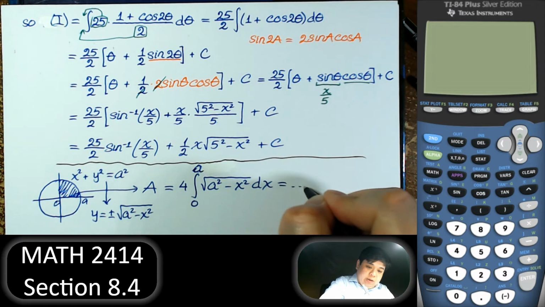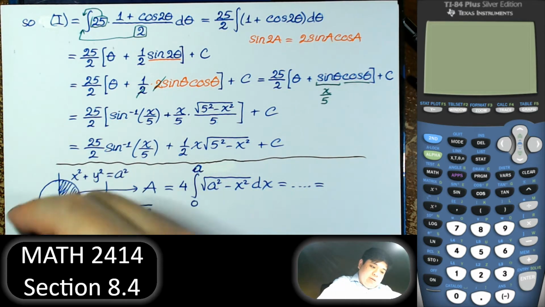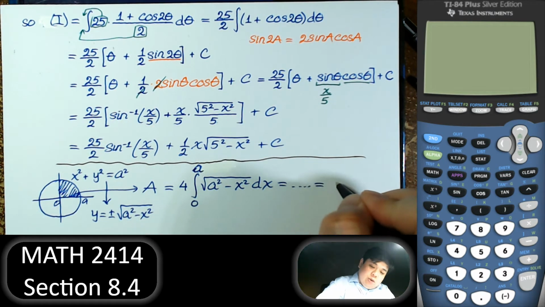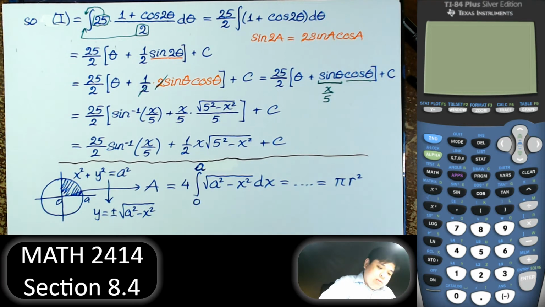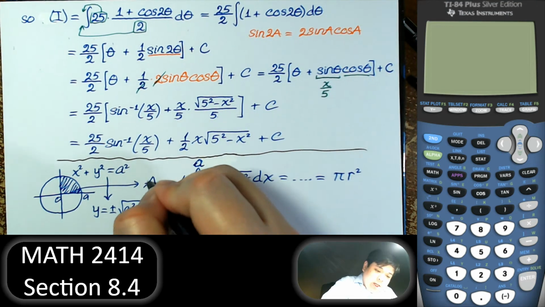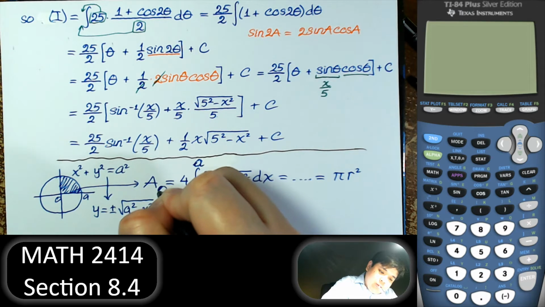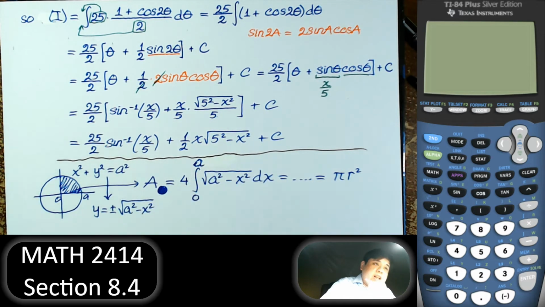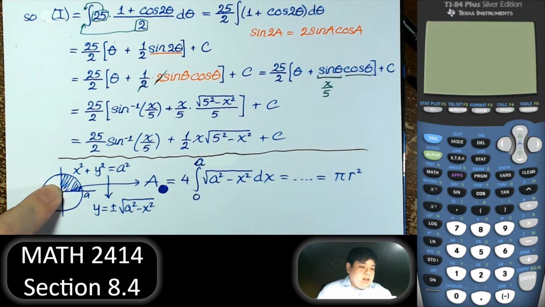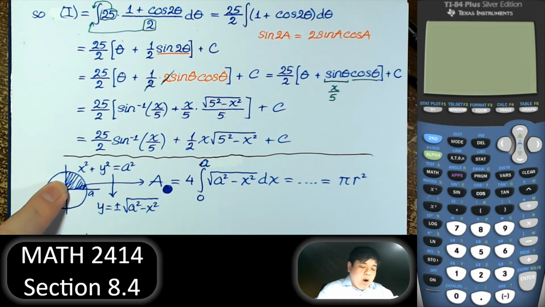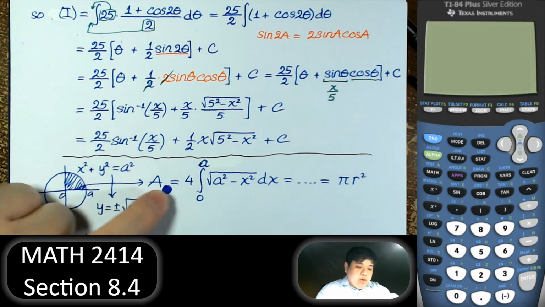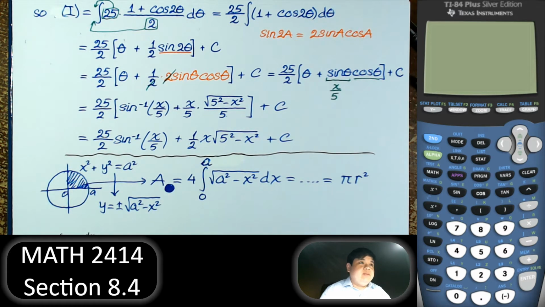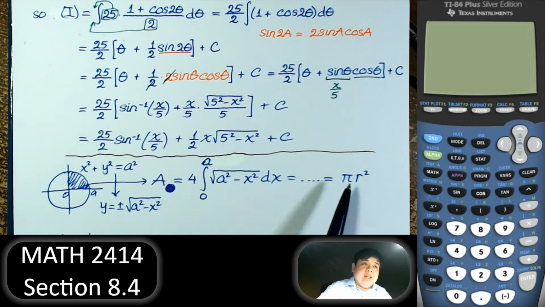This will show that the area of the whole disk is going to be pi r squared. So the area of the whole disk is 4 times a quadrant, a quarter of a circle multiplied by 4, and that's what we have.